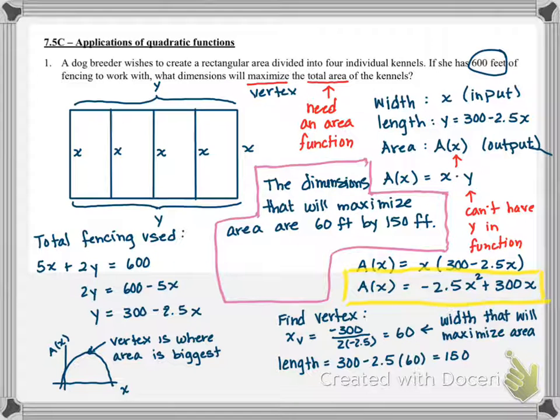And again, you just want to take it nice and slow through every single step and ask yourself what you're trying to get and what is going to get you there, right? It's easy to go on autopilot and get an x value and throw it into your A of x and spit out a number, right? But if we slow down and think about what we're trying to find, if we're trying to find length, it doesn't make a whole lot of sense to plug something into our area function, right?